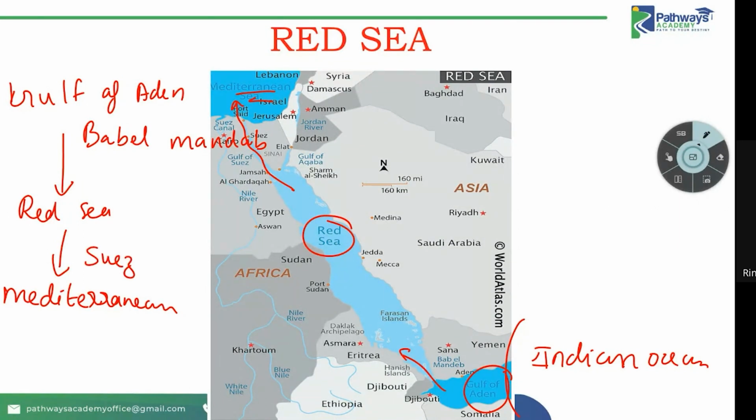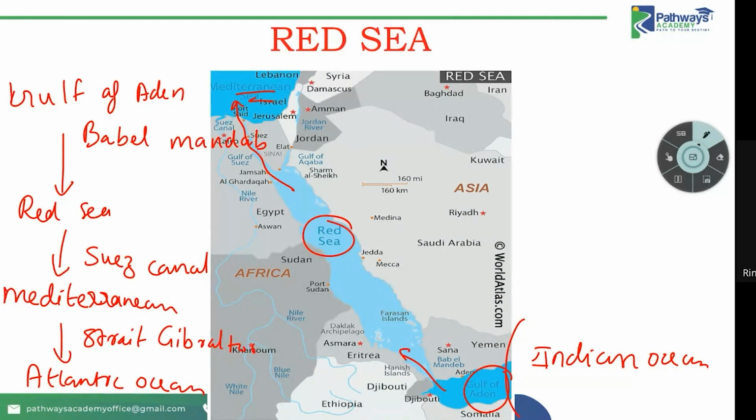From the Mediterranean Sea, there is another connection to the Atlantic Ocean, through the Strait of Gibraltar. This is the shortest route from the Indian Ocean to the Atlantic Ocean.